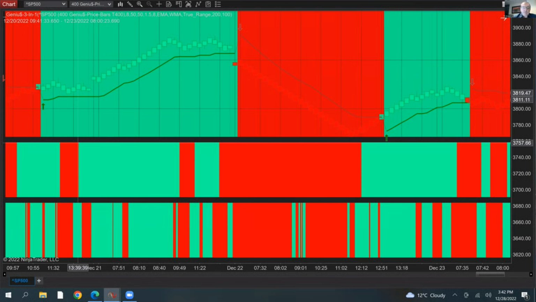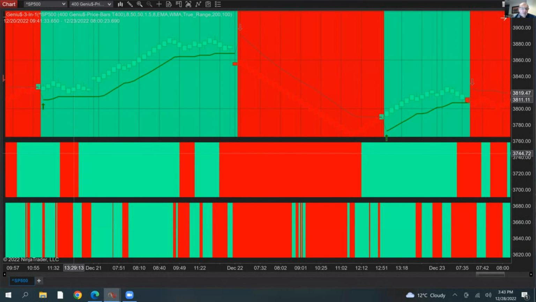When we're hedged, that means we're flat. We will enter a new trade only when the intermediate trend changes into the same direction as the master trend. And that would happen in this situation right at around 1339.